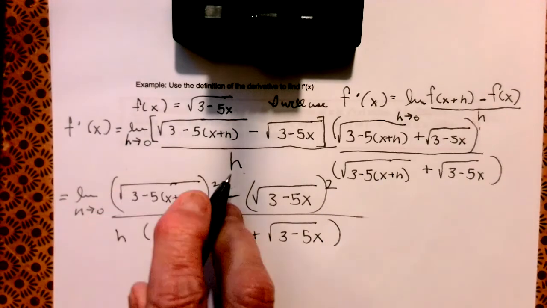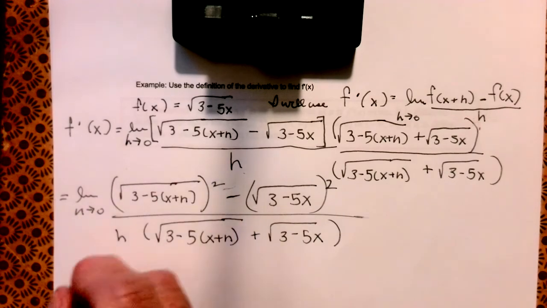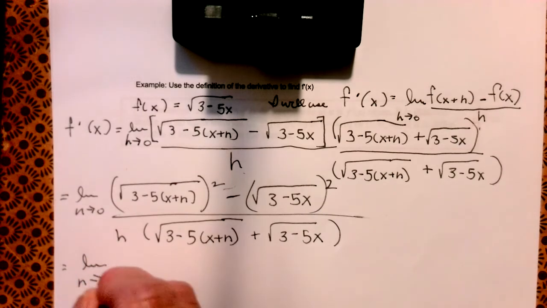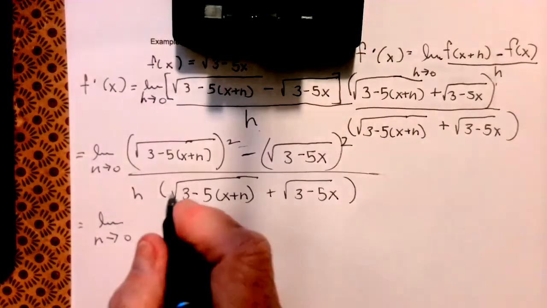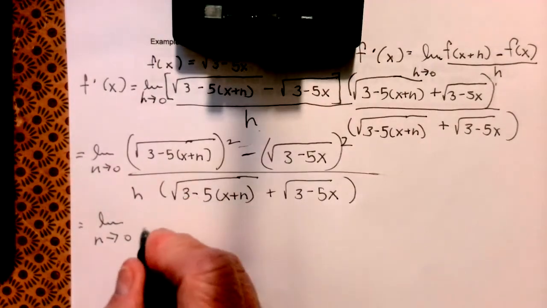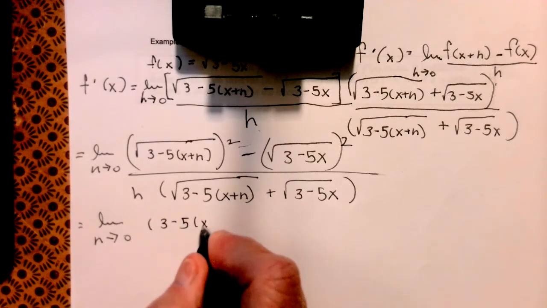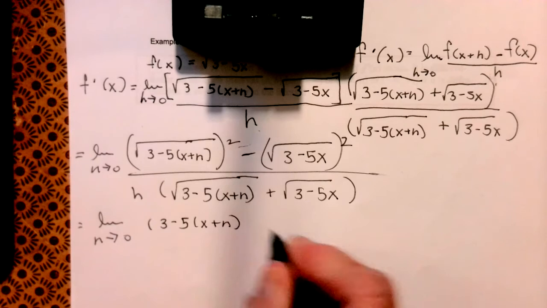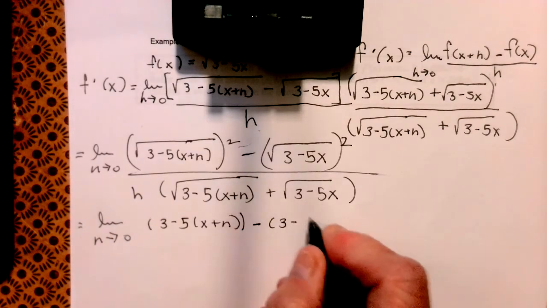Okay, now what happens when we square the square root? They cancel each other out, don't they? So we've got the limit as h goes to 0, and we've just got a 3 minus 5 times x plus h, and we've got minus a 3 minus 5x.